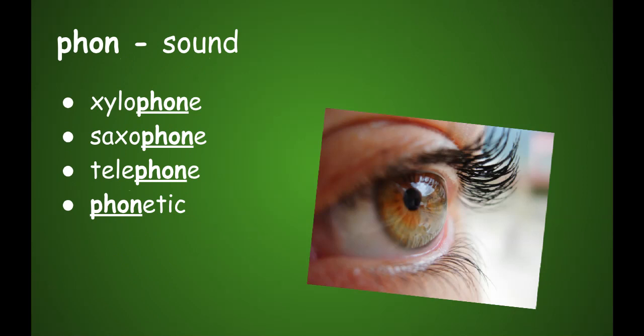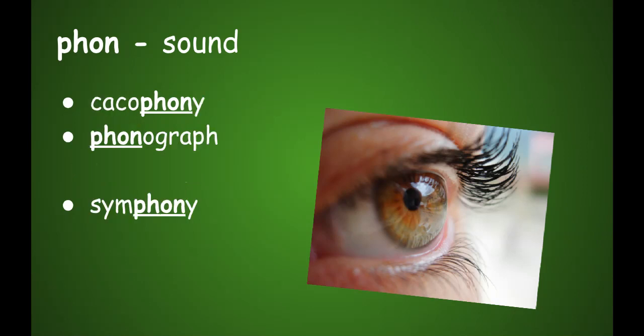Phonetic is a little different because in telephone, your root says phone, and in phonetic, the root says more like fawn. It's kind of an interesting root. So in the word phonetic, you need to break it phone, tick. That's how I break it apart. Phone, tick. Other words are cacophony and phonograph, and then symphony. So cacophony and symphony could probably go together.